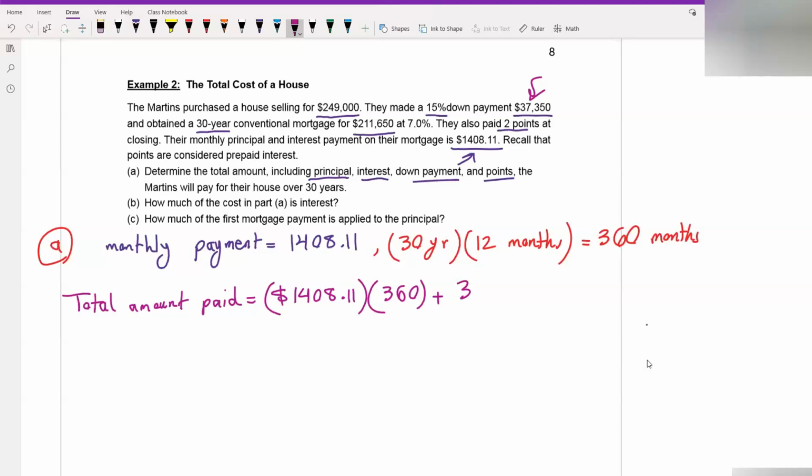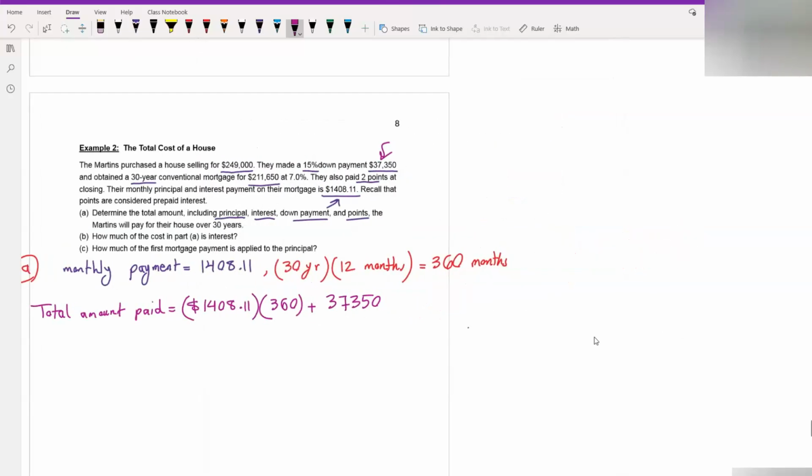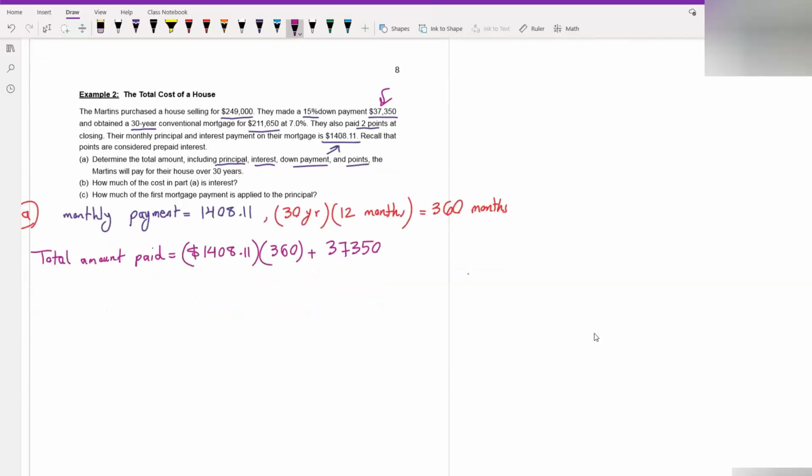Here we have down payment, there's $37,350, and what else we have? Okay, we have to multiply by 2% to find the closing cost for that part. So here is 2 points.